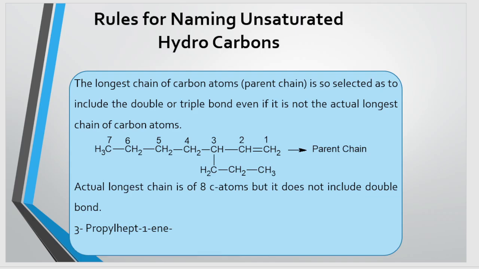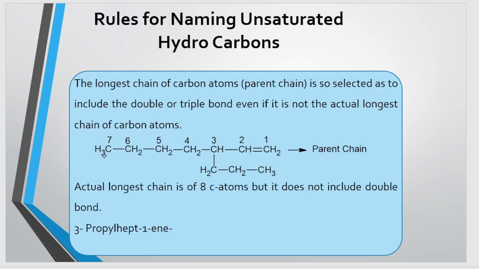Whenever there is an unsaturation present in the compound, that is a double bond or triple bond, that must be included in the parent chain, even if it is not long. That's what they are saying. Okay, so here if we consider this particular compound, definitely the carbon with the double bond must get the priority, and hence we start from the double bond end, and there are 7 carbon atoms, and on the third carbon there is a propyl group here.